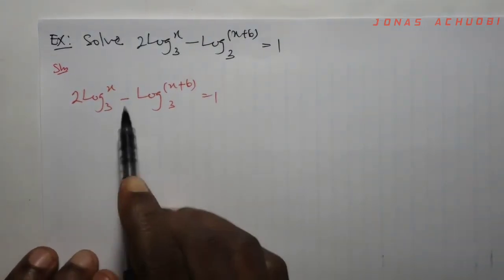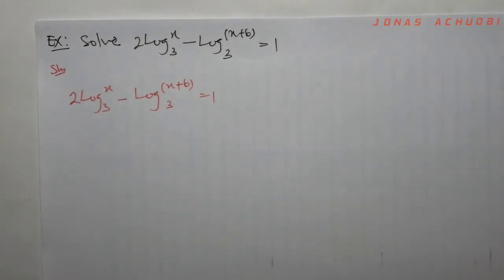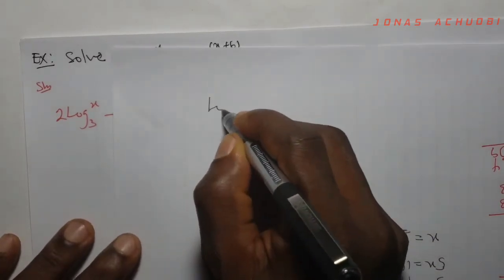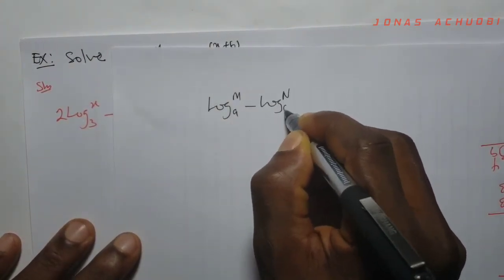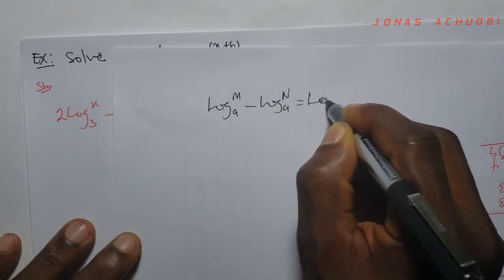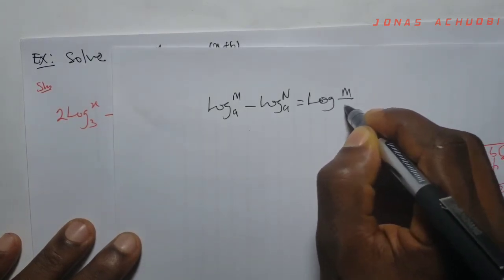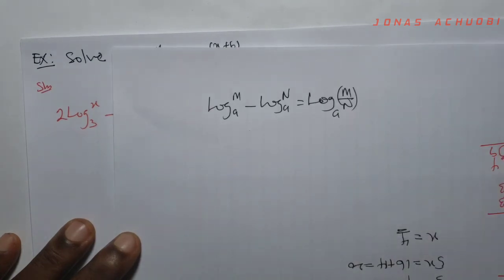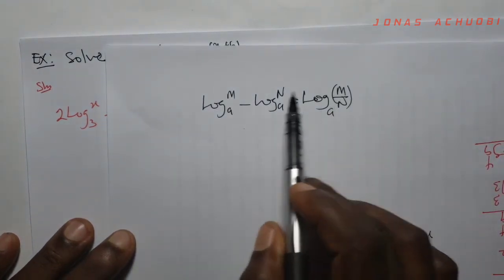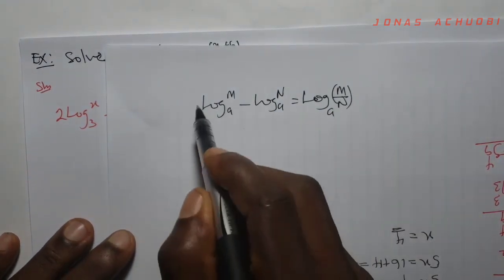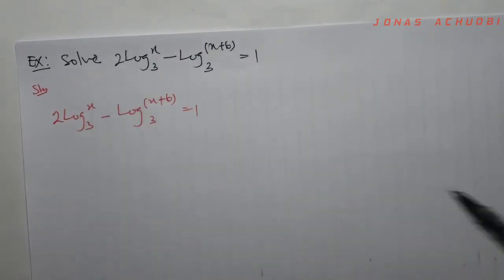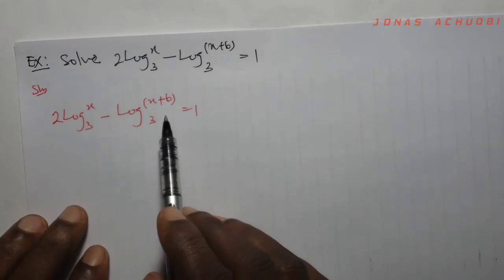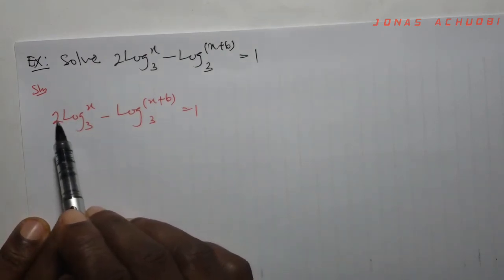Here, I've seen minus here, so what comes to my mind is the second law of log that states that log m in base a minus log n in base a is equal to log m divided by n all in base a. However, this law is only applied directly like this when the coefficient here is 1 and the number here also is 1. But looking at what I'm given here, I can't apply directly because here I'm having 2 and not 1.